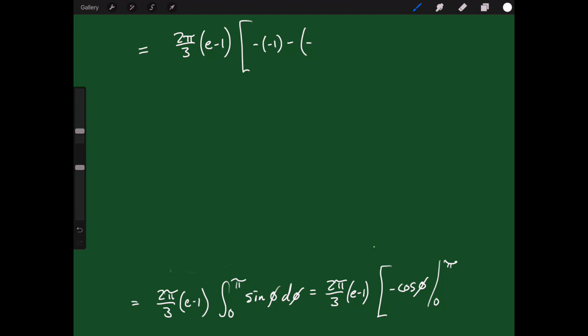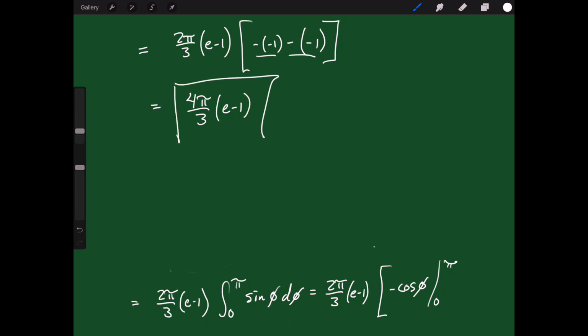So minus cosine of 0, which is 1. So what is that? This is 1 plus 1. So that's just 2. So I get 4 pi over 3 times e minus 1. And that's my answer. Okay, very cool.